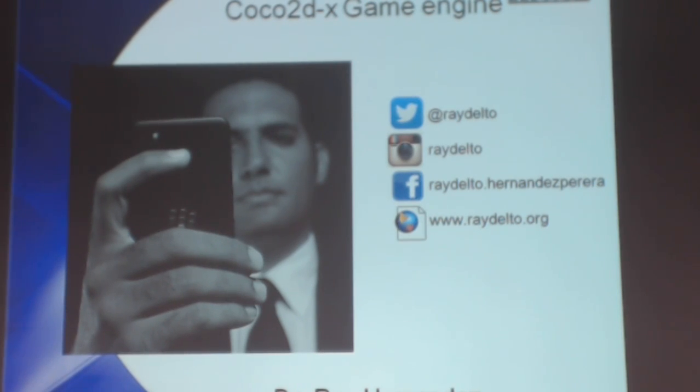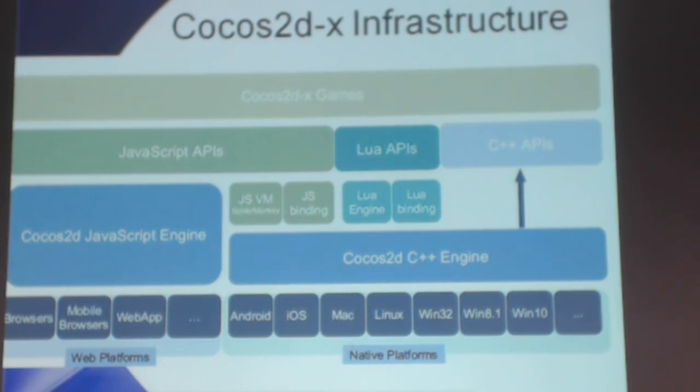So today we are going to be focusing on the JavaScript implementation. Let me unfreeze the screen. This is an overall picture of how the framework is structured. You can see that you have the JavaScript API, you have Lua, and you have C++.